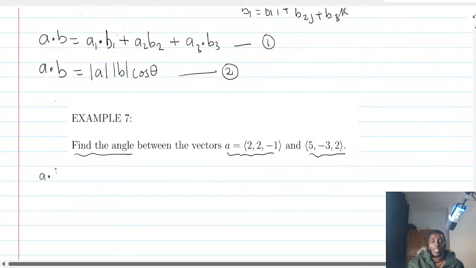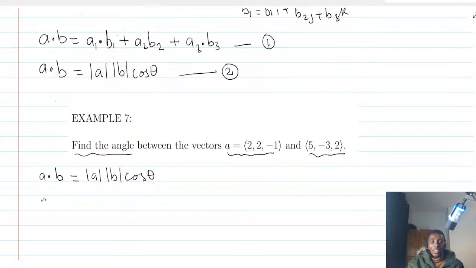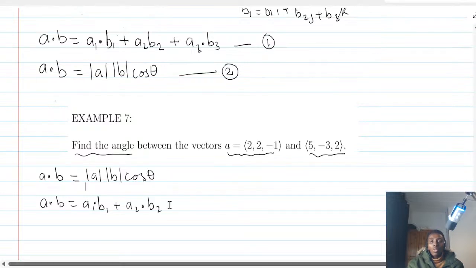So we know that A dot B is equal to magnitude of A multiplied by magnitude of B cosine theta. And then we also know that A dot B is A1 B1 plus A2 B2 plus A3 B3. So equation 1 and equation 2.